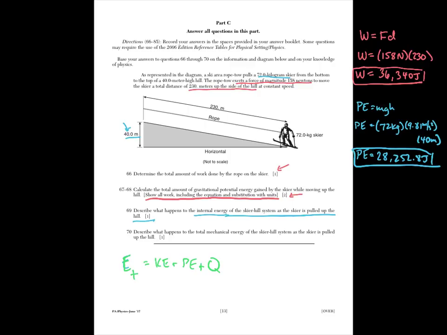So here, this person's moving up the hill, we don't know, at a constant speed. So kinetic energy is not a factor here. So all that total energy is being considered as both potential and internal energy.